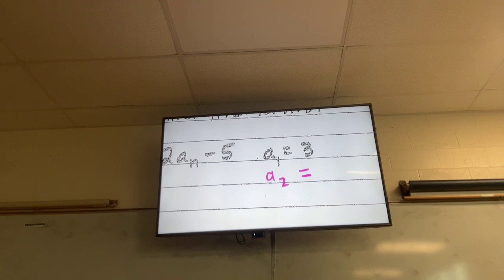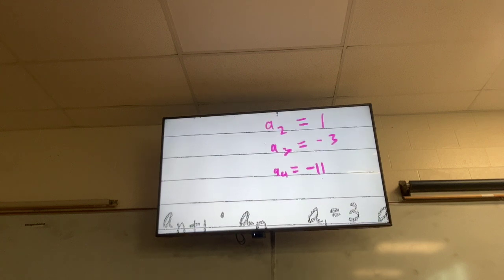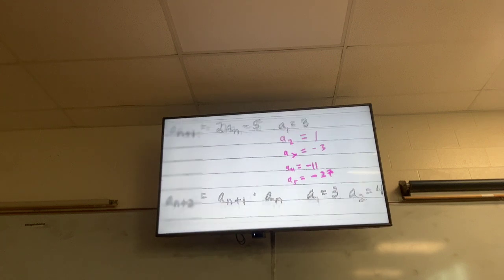1. Okay? To get a sub 3, on my calculator, I would literally just hit times 2 minus 5. That gives me -3. So I'm just doing times 2 minus 5 each time.